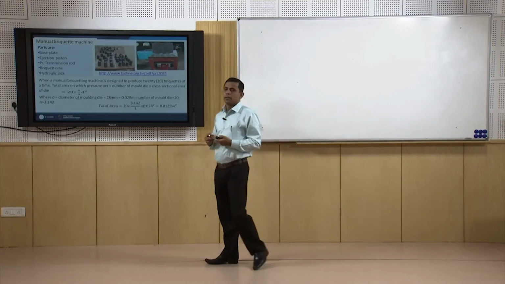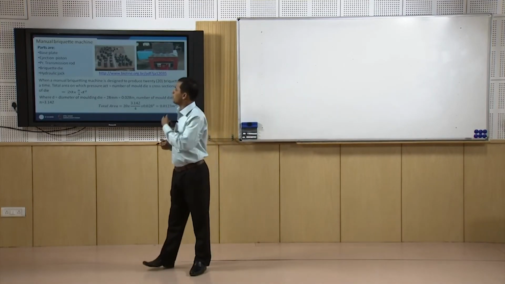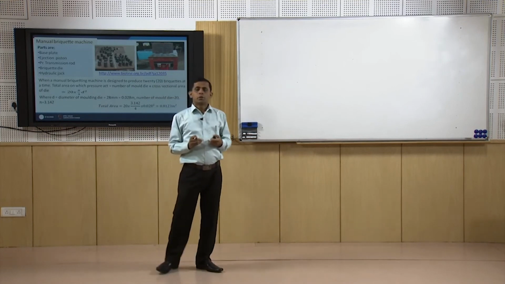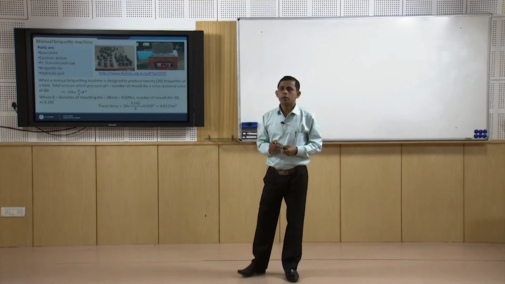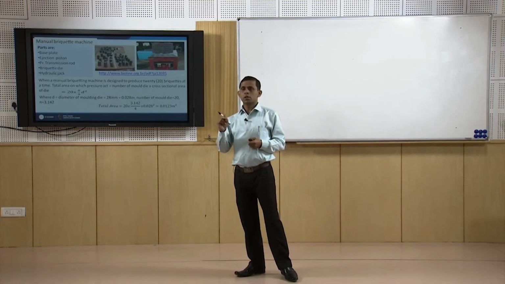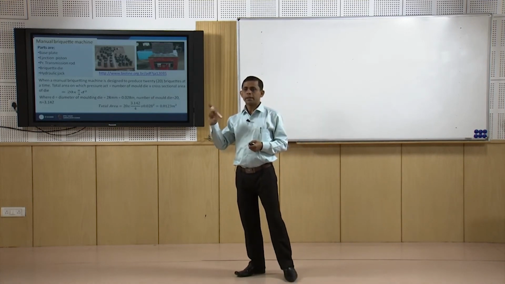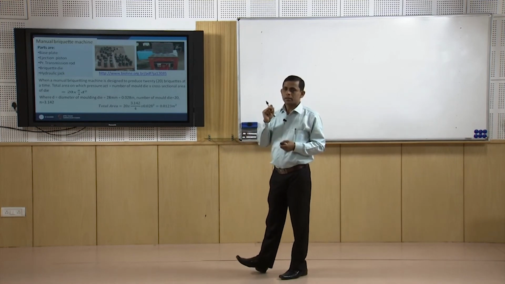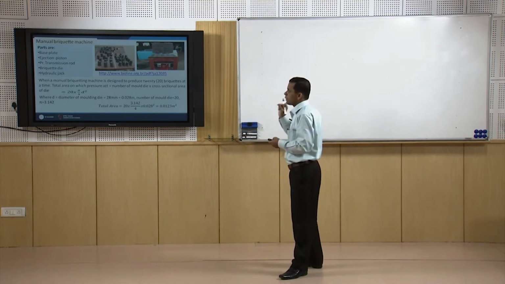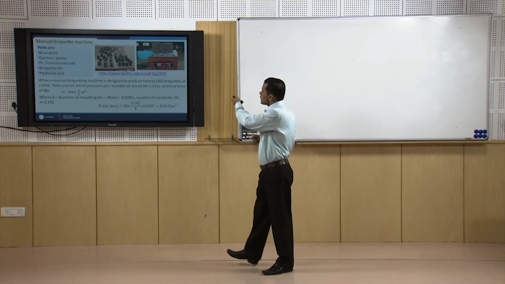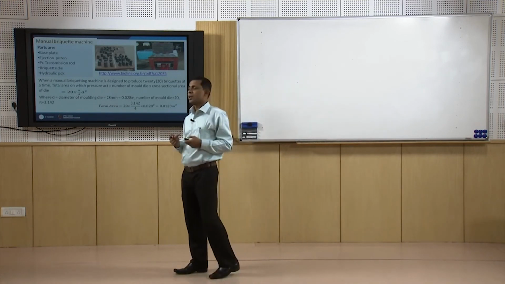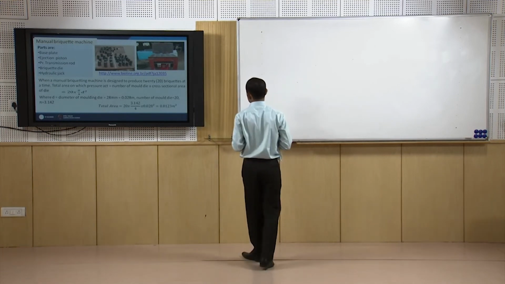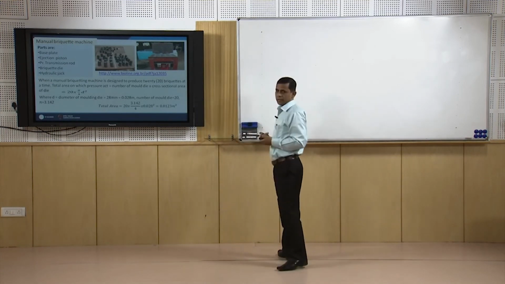Now, we will discuss the manual briquette machine. We have discussed in the first part of this module the machines used for high pressure briquetting, but for low pressure briquetting we have not discussed any machines. So, this is one example of machines which use low pressure with respect to those high pressure machines and give us briquettes.